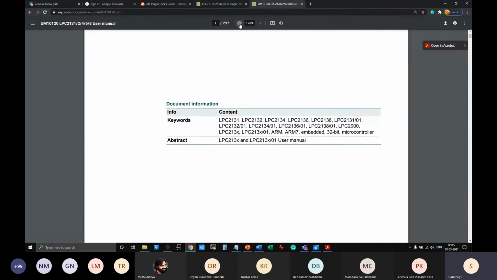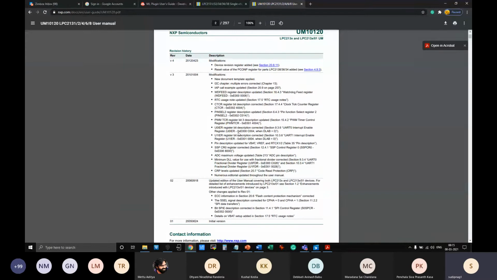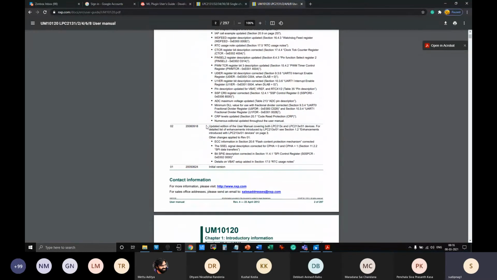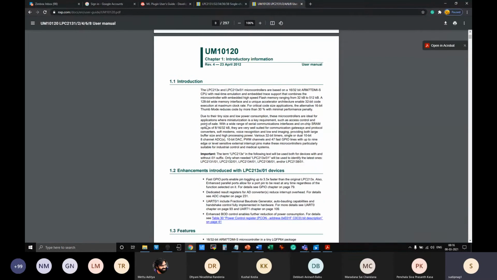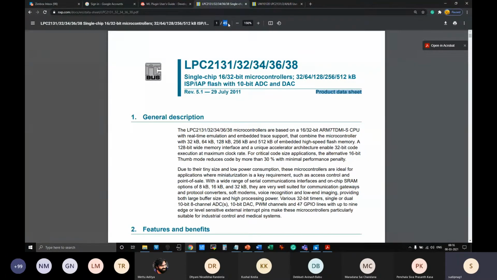Okay, so let's see what is there in this user manual in brief. Initially there is some revision history. We can ignore this. The user manual is a much more detailed document. You can see there are 297 pages over here, whereas the main datasheet was just 45 pages. So the datasheet gives you an overview of features. It gives you the idea of what the microcontroller is capable of doing.